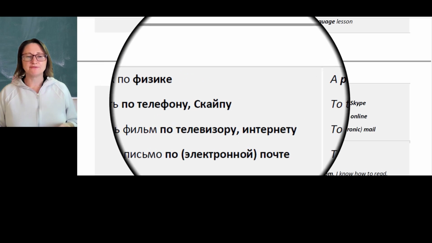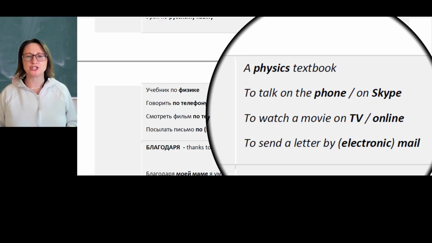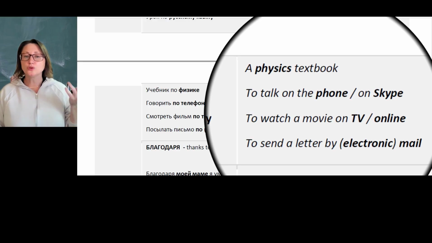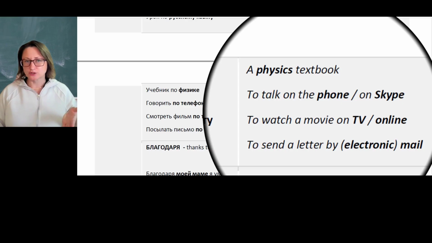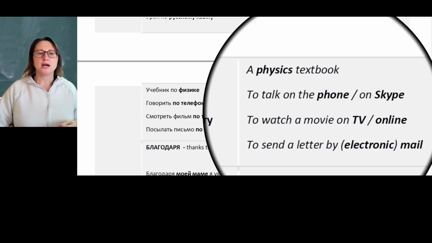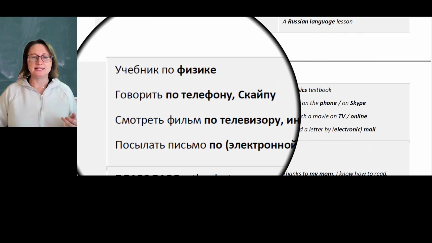And finally, using something as a medium to broadcast something, send some information. So here we have to talk on the phone, to talk on Skype. Skype doesn't exist anymore. To watch a movie on TV, to watch a movie online, like on the internet, to send a letter via mail, via electronic mail, via email. So all of these will give us the context for dative.